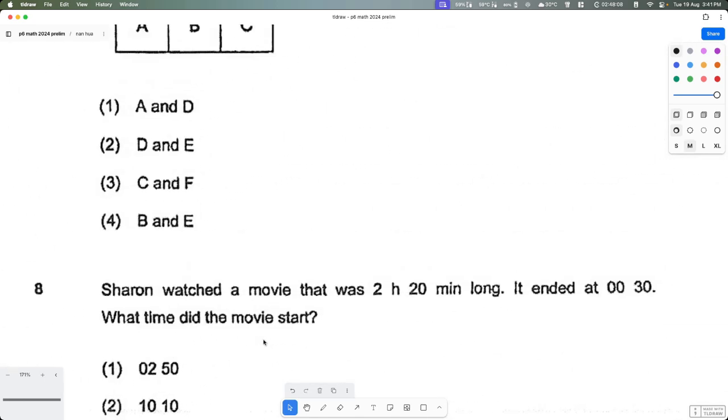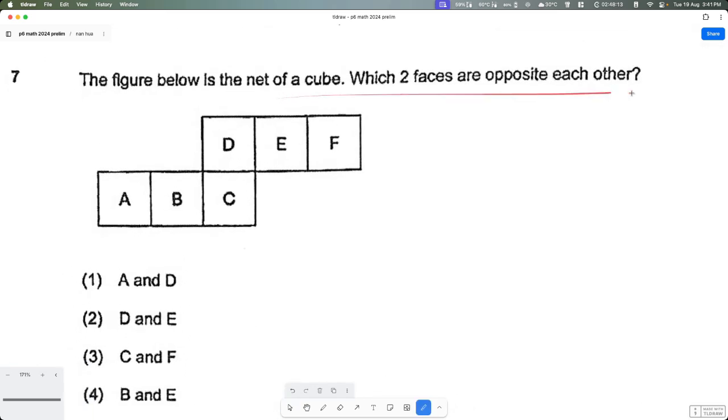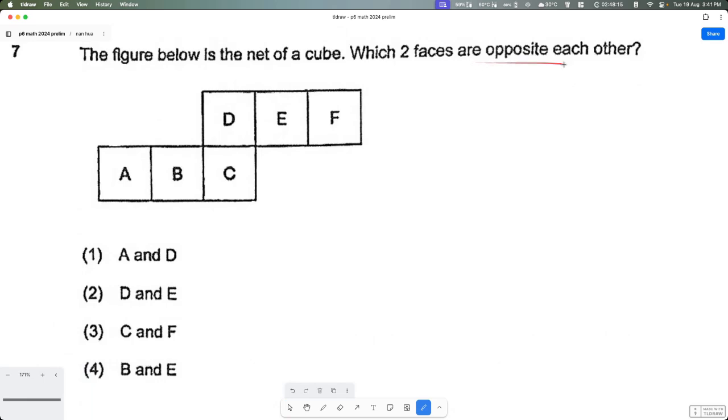Question number 7. The figure below is the net of a cube. Which two faces are opposite each other? If you want to know which one is the opposite, you need to know where it's being faced. For example, D is at the bottom, C is at the left side.